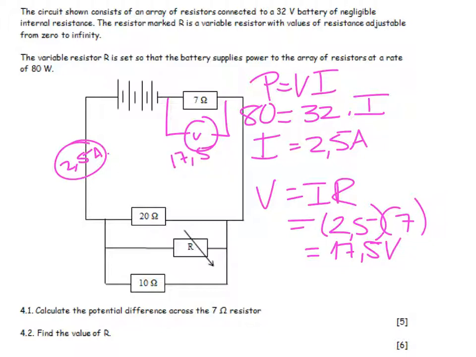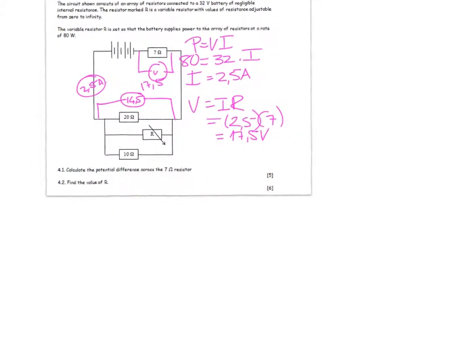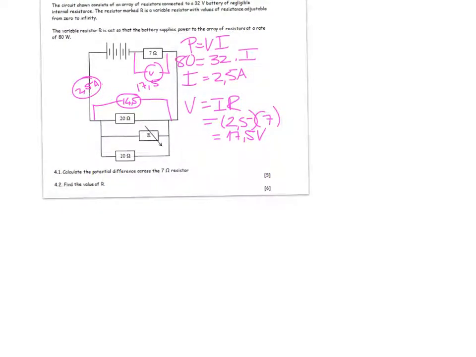There's no internal resistance, so it's reasonable for me to say that that is 14,5 volts across the parallel network. Now it says, what is the value of R? Well, V parallel, as I've just said to you, is equal to the full 32 minus 17,5, and that's 14,5 volts.